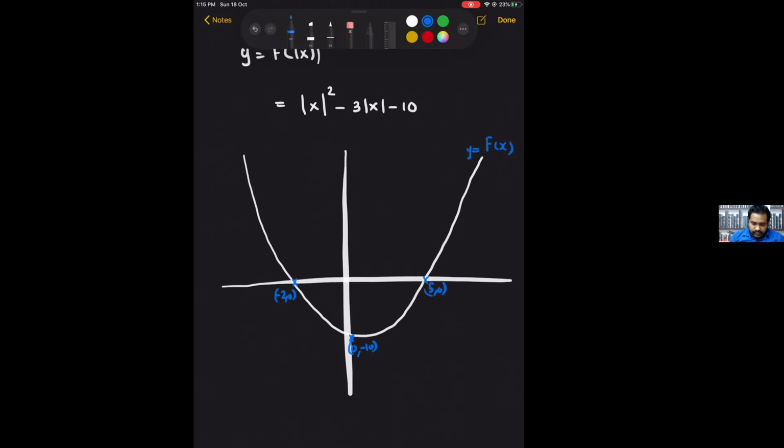Now, how to draw the graph for y is equal to f of modulus of x?